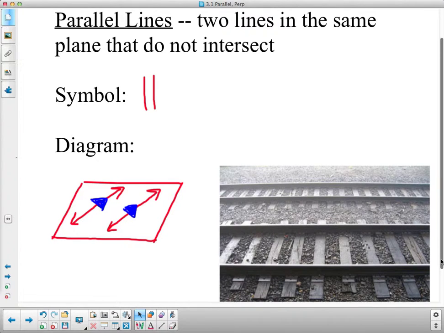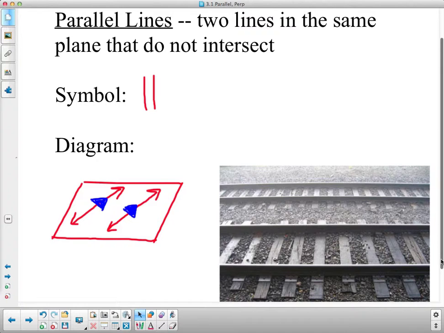They do not intersect. There is a symbol that we use for parallel, and it is two lines straight up and down. Here's a diagram that shows two lines. The arrows on the end indicate they keep going on forever. The blue extra arrow that I put on there is the symbol on a diagram to show parallel.